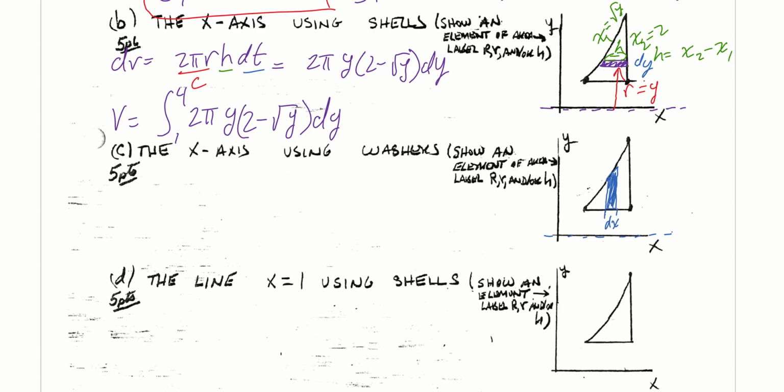But in this case, we need to find dV, where it is pi times big R squared minus little r squared dx. So big R is going to represent the radius to the very outermost edge of your disk, while the inner radius is going to be the innermost edge of the disk.